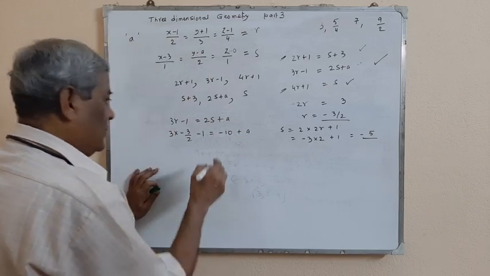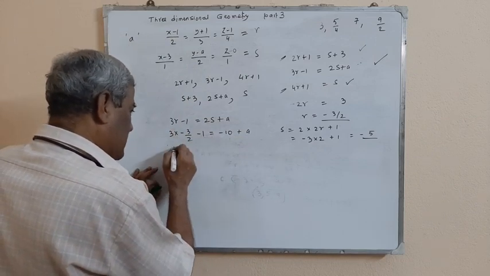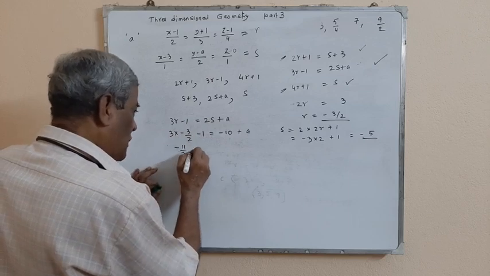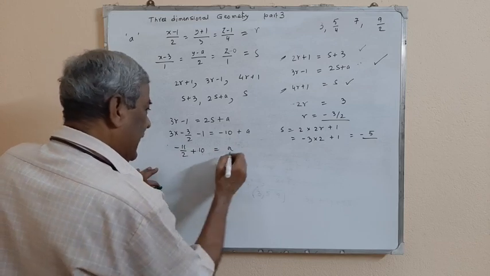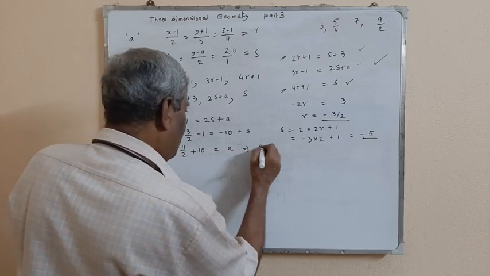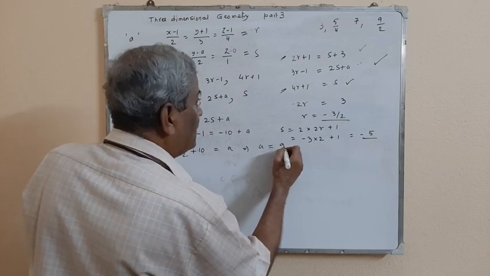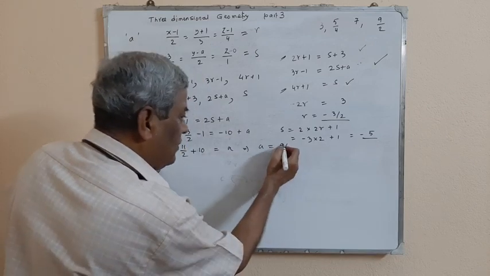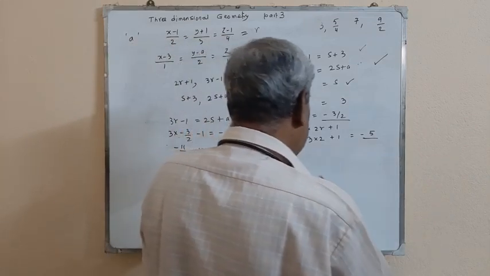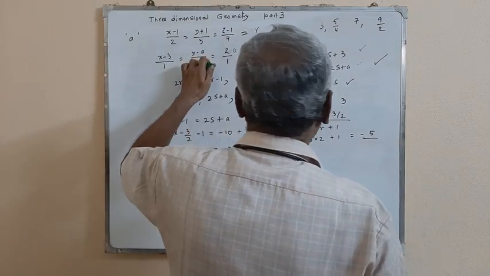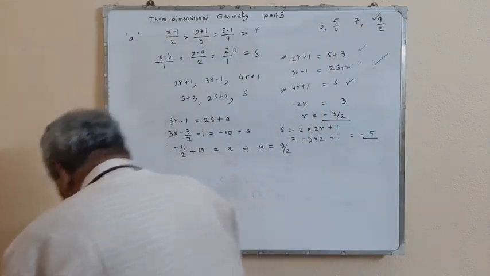So that it is minus 9 by 2 minus 11 by 2 plus 10 is equal to a. So that a is equal to 20 minus 11, 9 by 2. So that a is equal to 9 by 2. For this value of a, they meet at a point. This is the answer. Next.